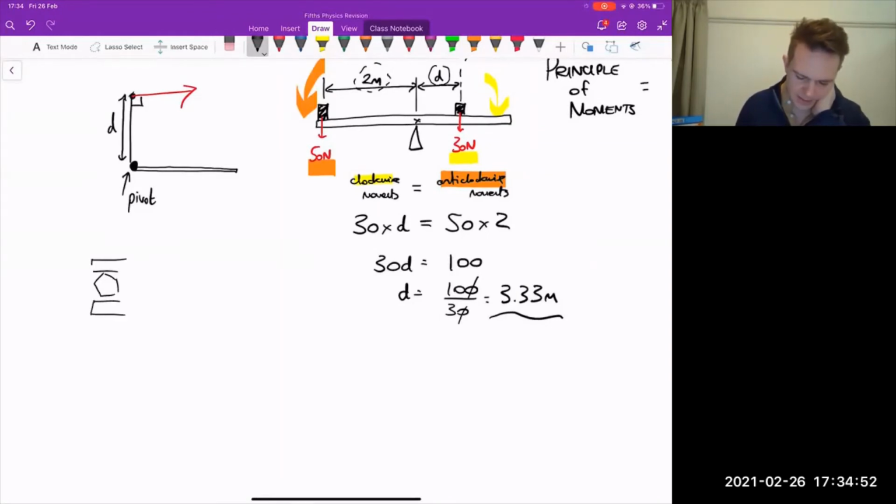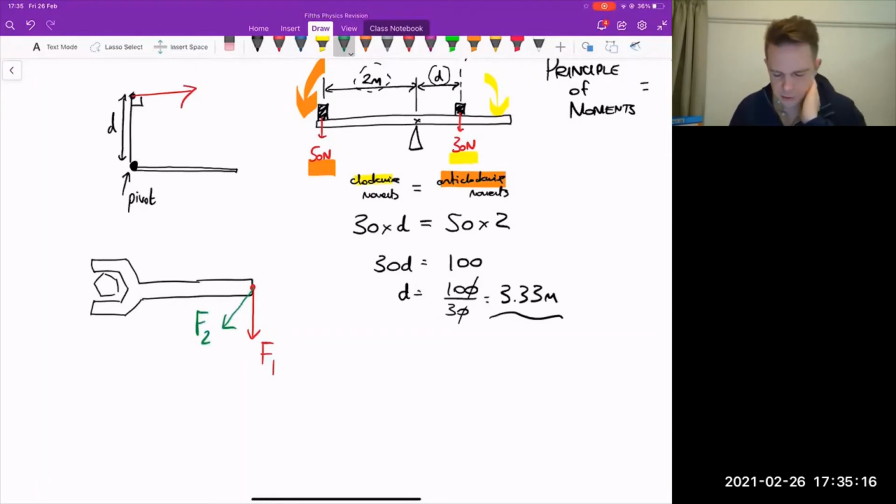If I used a spanner to loosen a nut or a bolt, we could apply the force in several ways: in that direction, F1, and let's say we pushed it that way, F2. Those are two ways you could push the end of the spanner.